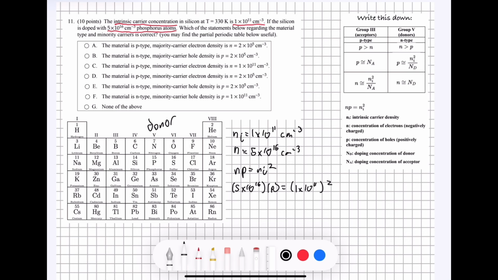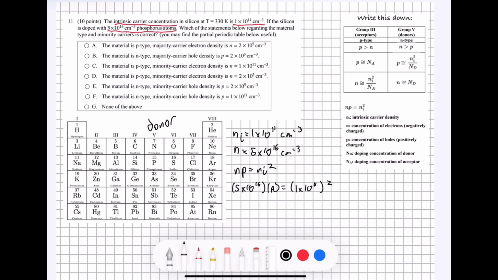We also can say from the information in this table here that P is roughly equal to Ni squared over Nd, and N is roughly equal to Nd. And these equations correspond with this right here, because if you plug in N right here and multiply N over here and cross that out on the bottom, you're going to get the exact same equation that you have right here. So you could also solve it that way if you want.